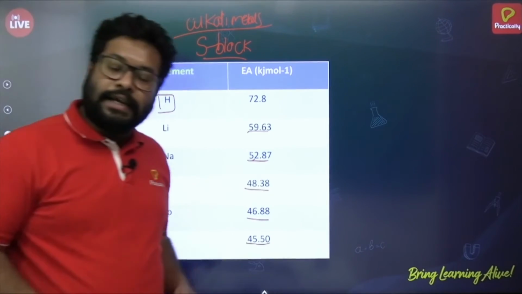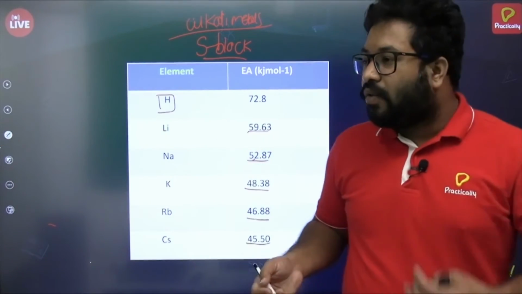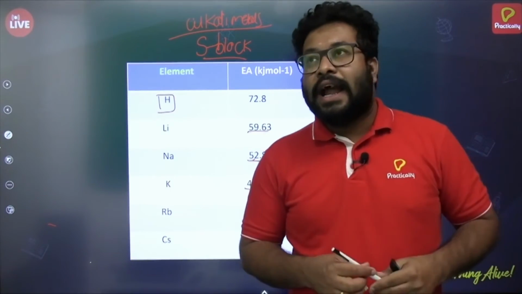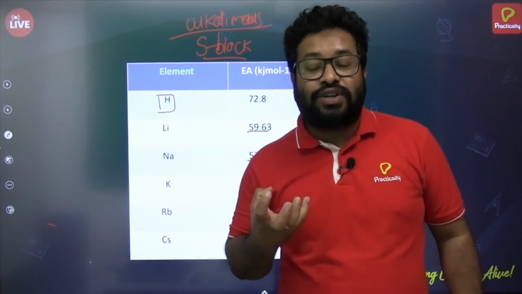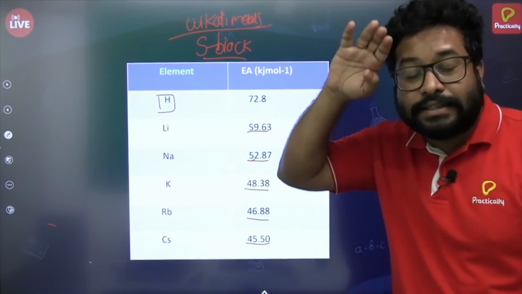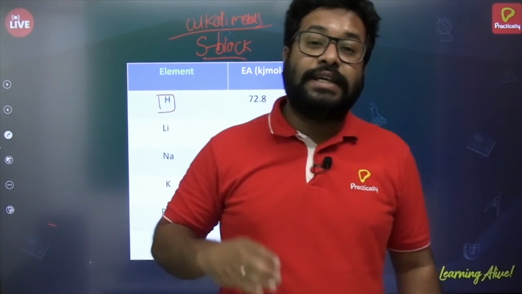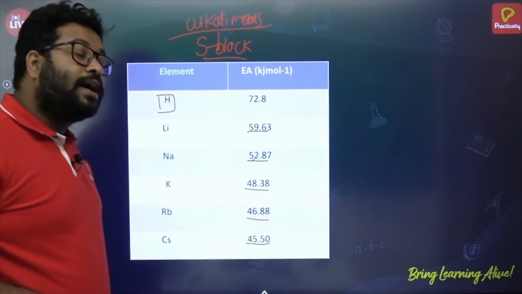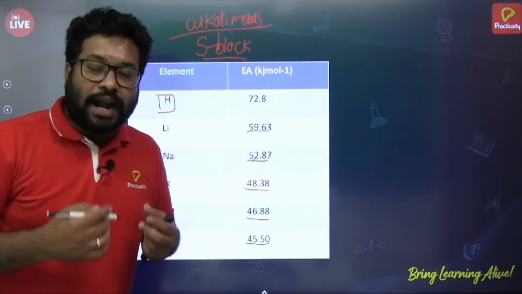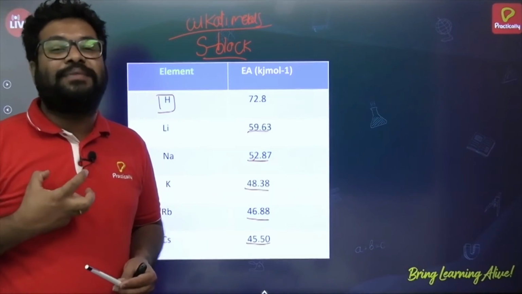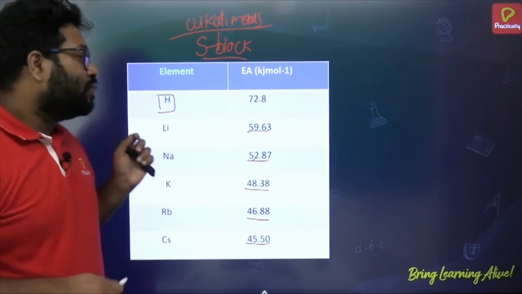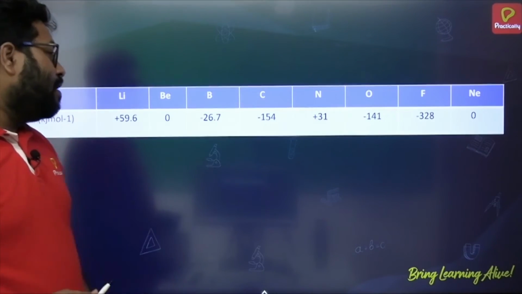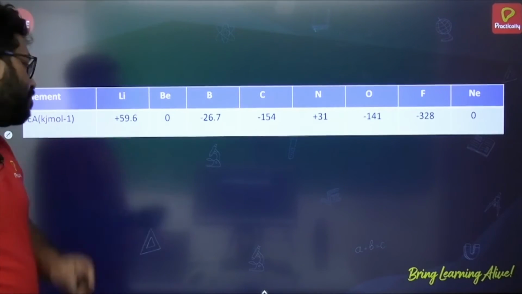Why is it decreasing? As I told you, the density of nuclear charge is decreasing, so the atom is not ready to accept an electron. So it is pretty regular here, but now let's look at the period.